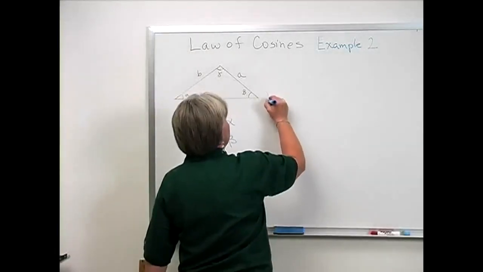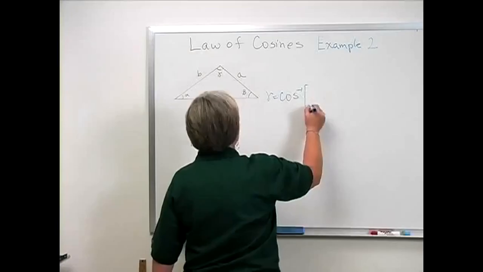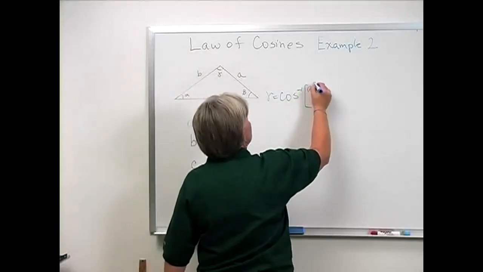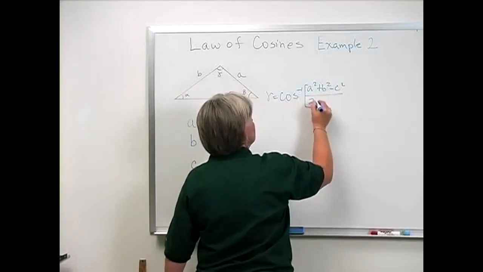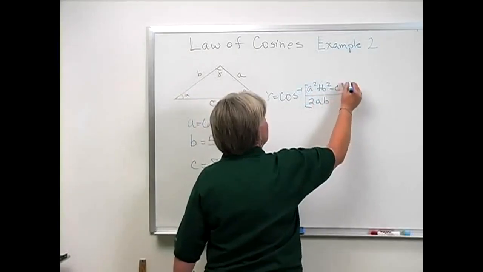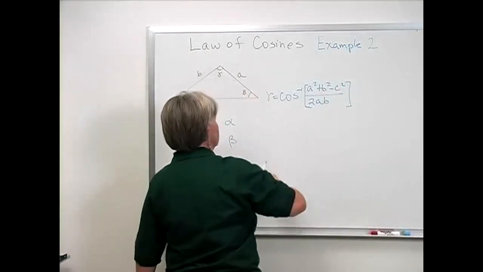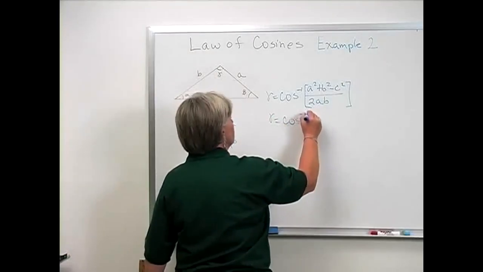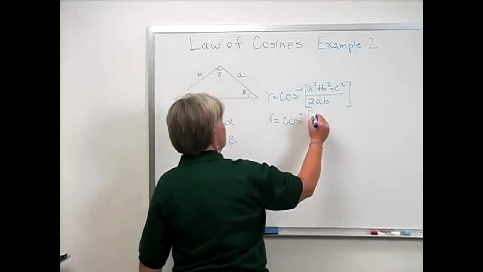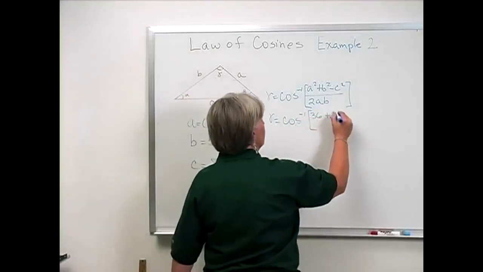So gamma is cosine inverse of a squared plus b squared minus c squared over 2ab. It doesn't look like a gamma, it looks like an alpha. So that's cosine inverse. A squared is 36. B squared is 25.